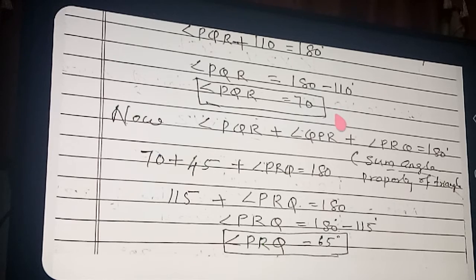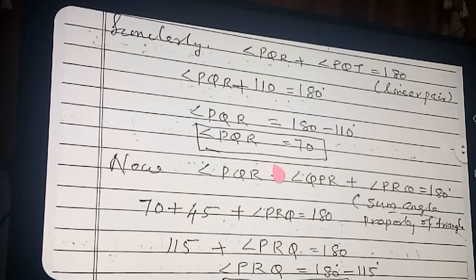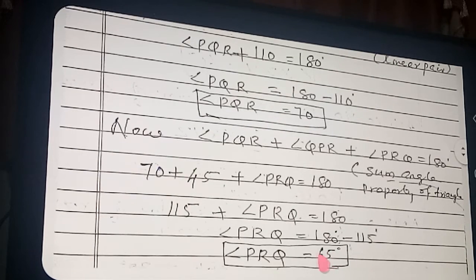Now go through the steps once more from here onwards. Each step, see how you are writing. Okay, this one. Okay, and this one. So what you got the angle for last time? Angle PRQ is equal to 65 degree. That only asked in your question.